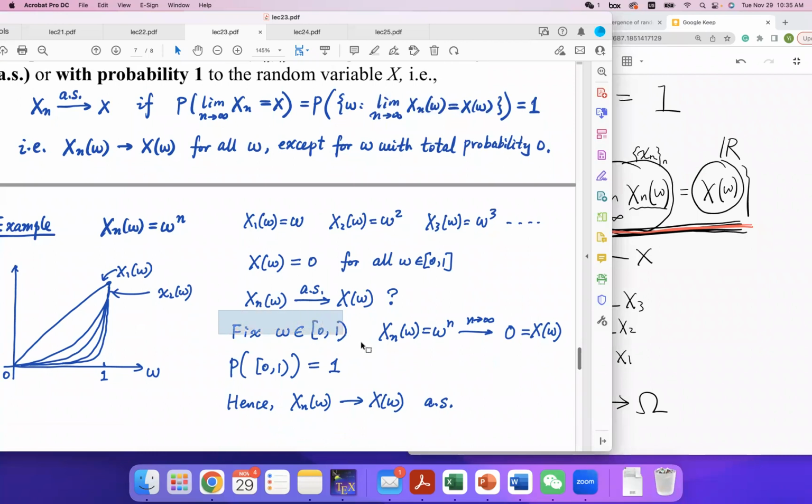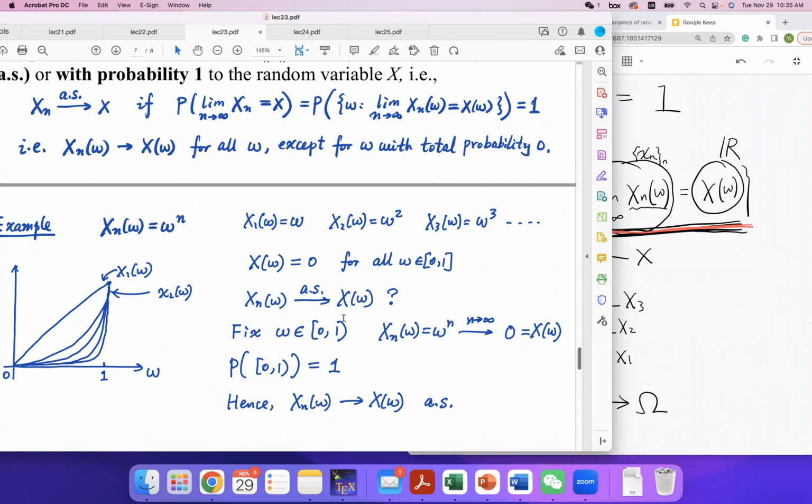So this is the set that we are looking at here. This set is simply the interval from 0 to 1, not including 1. Because what happens at 1? If you let omega equal 1, then this sequence is a constant sequence of 1. 1 to the power of n is always 1, and this does not converge to 0.